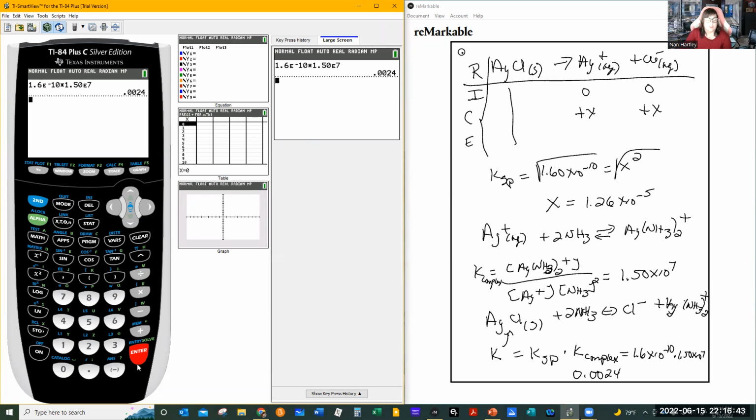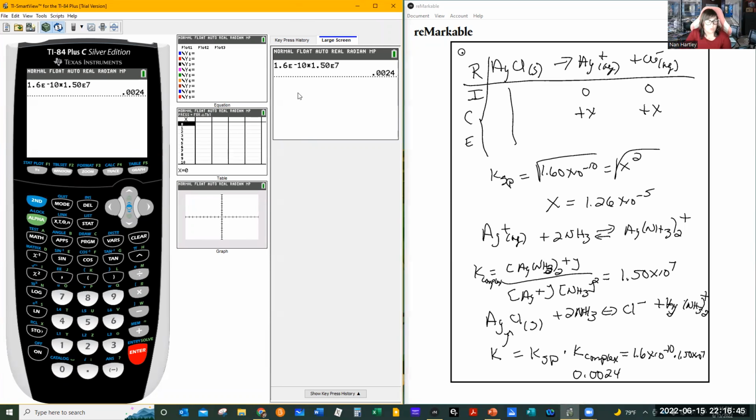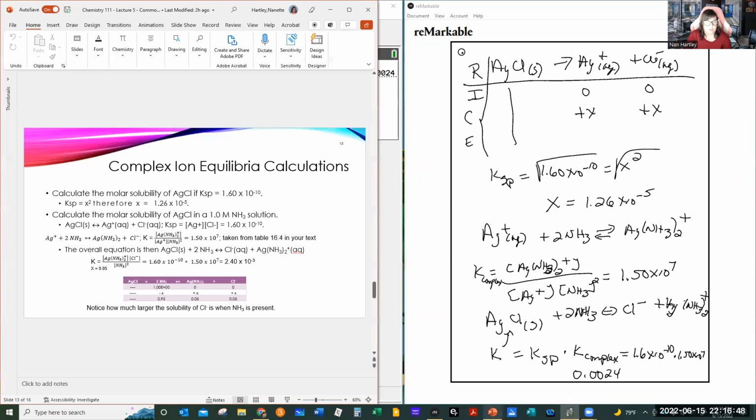Okay, so looking at my slides one more time, let me see if I can talk about that. And 2.4 times 10 to the minus 3 is what we get from that. Now, when we have that particular value, that's going to govern how much of this product we get from this reaction.